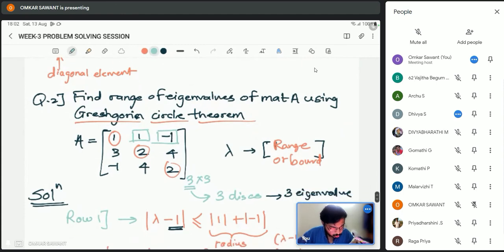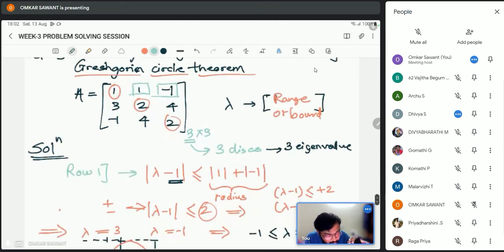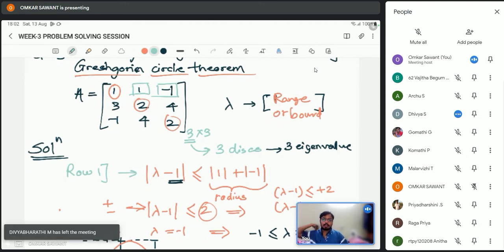So lambda minus 1, this is your diagonal element for the first row, right? What is the diagonal element for the first one? This one is 1, sir. Right? So for row 2, what is the diagonal element? Diagonal for row 2: 3 and 4.